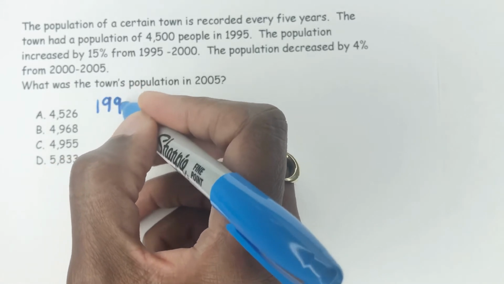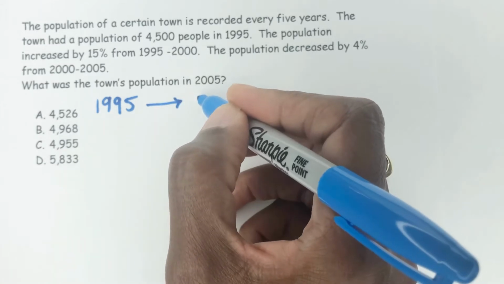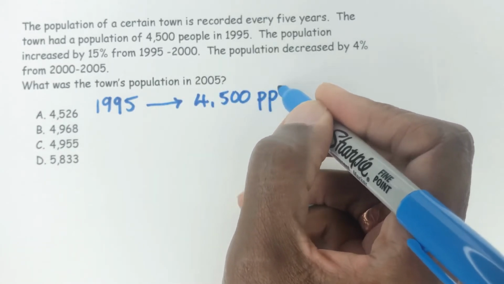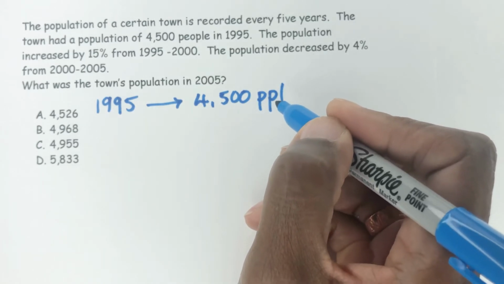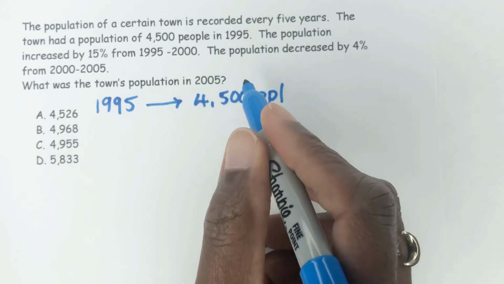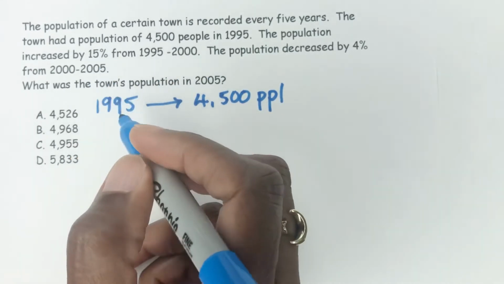So it said in 1995, the population was 4,500 people, right? That's the first part. No working out to do there, but you are going to come off of this number to find out for the next 5 years what the population was, because it increased by 15%.